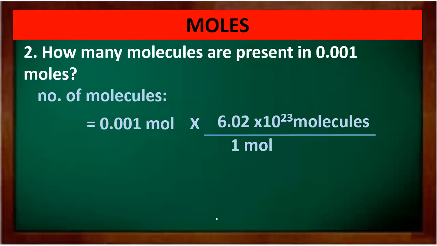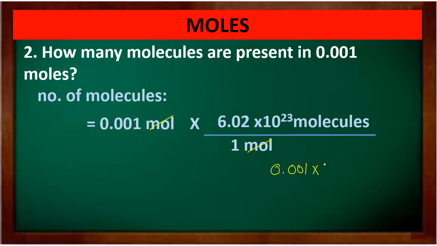So, if you could see, we can cancel this out. Cancel lang yan. Cancel din ito. Kung i-multiply natin yan, ang magiging answer natin actually, dito na lang sa baba. So, kung i-multiply natin yan, 0.001 times, hindi na muna natin iisipin yung power.